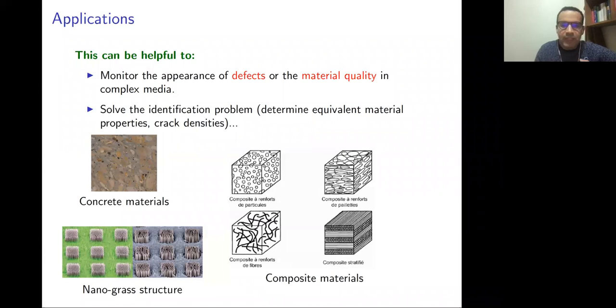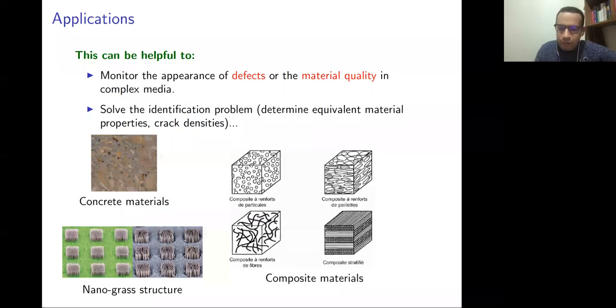For this, we would like to build what we call qualitative indicators. These qualitative indicators will be some spectrum related to the inverse scattering problem we are interested in.